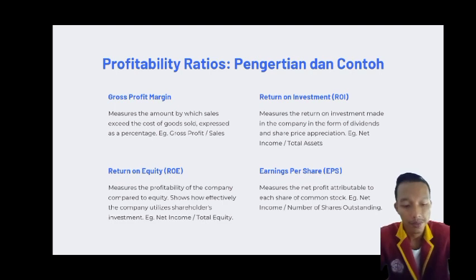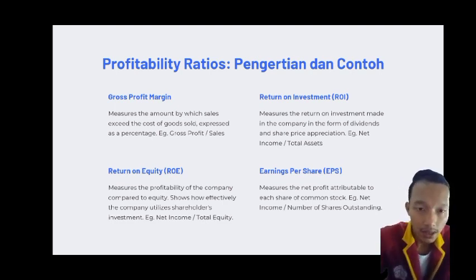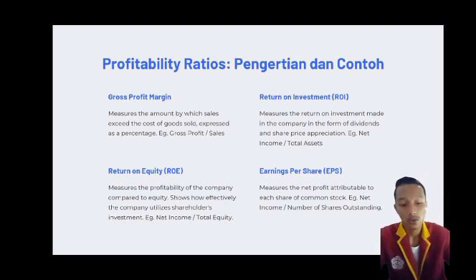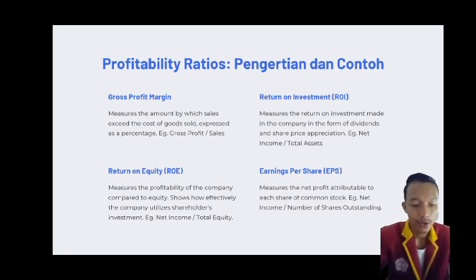Slide number 7, profitability ratios, definitions and examples. Point number 1, gross profit margin measures the amount by which sales exceed the cost of goods sold, expressed as a percentage, as gross profit over sales.